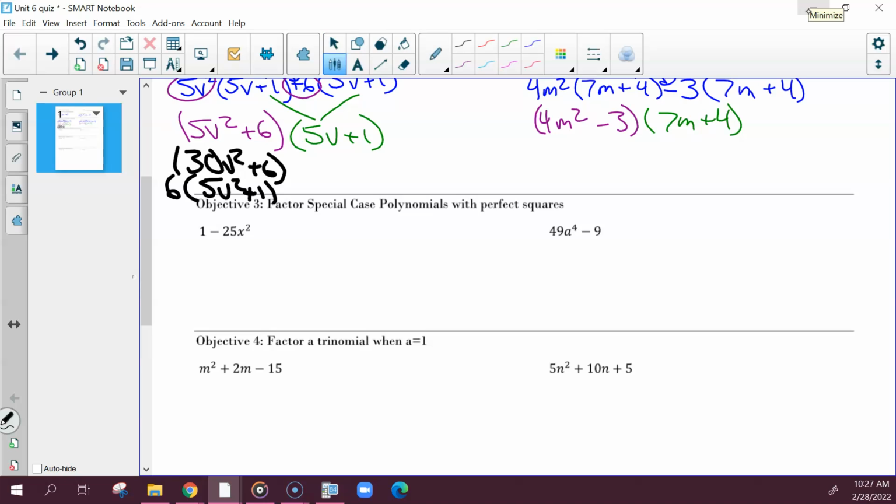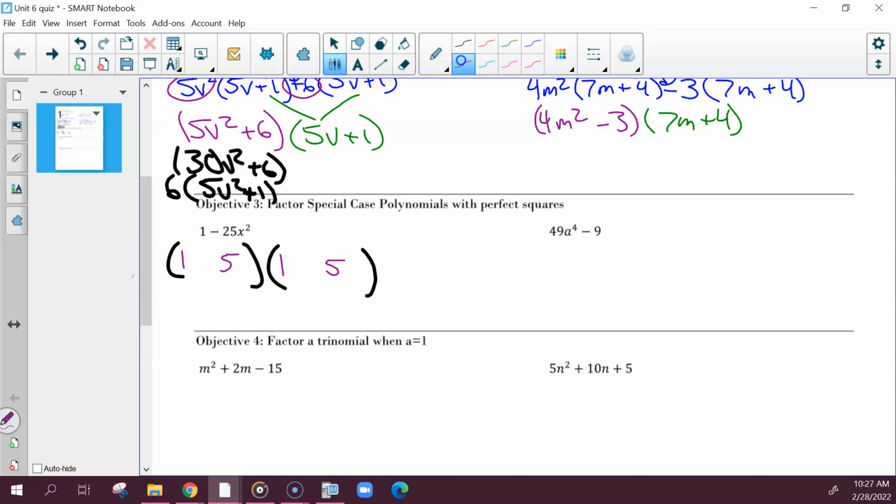So if these are perfect squares and your variable is even, you can go directly into your two factors. What times what will give you 1? 1. What times what will give you 25? 5 and 5.